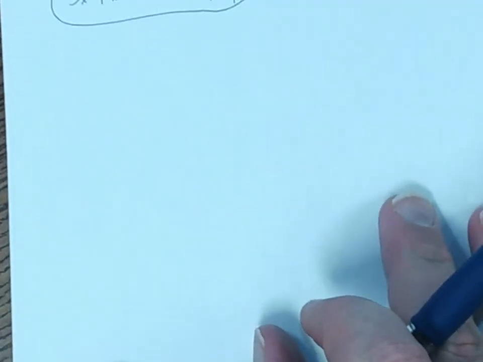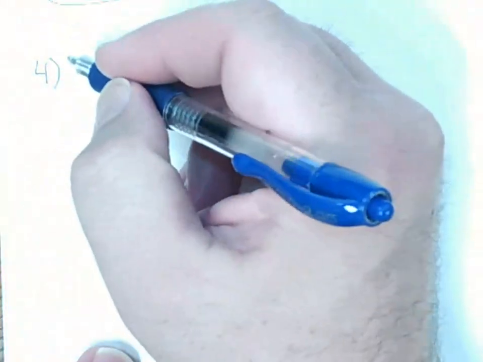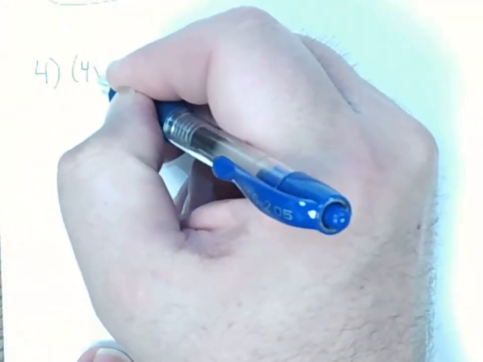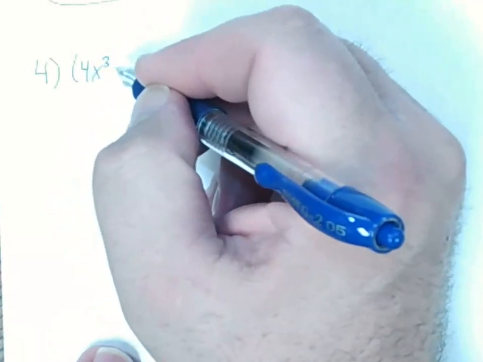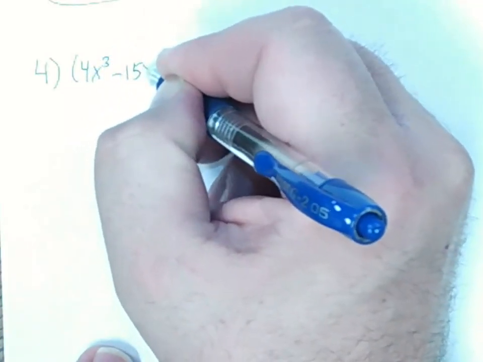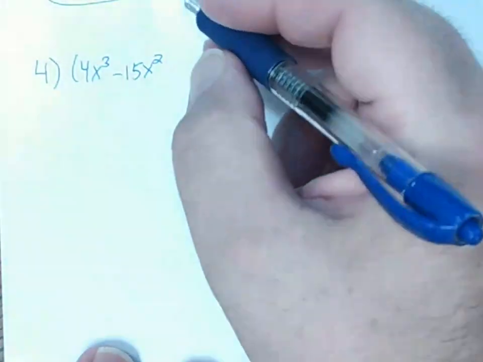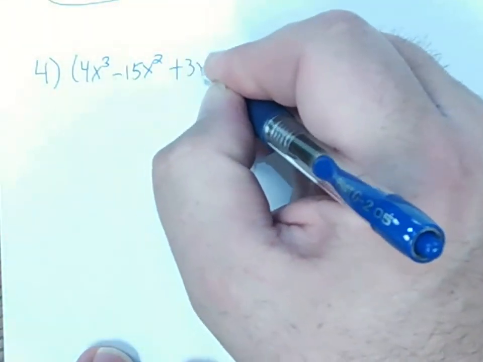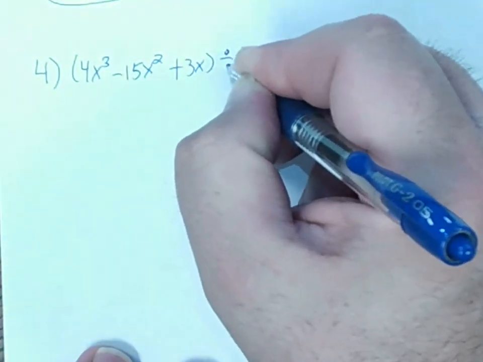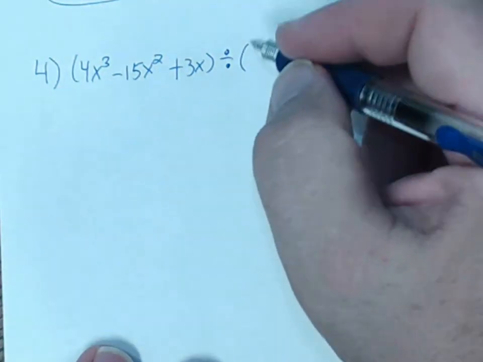That's synthetic division. Pretty straightforward. Pretty easy. Some people think it's too good to be true. I can understand that. Let's check out number 4. So number 4 is 4x cubed minus 15x squared plus 3x. And we are going to divide that by x minus 8.